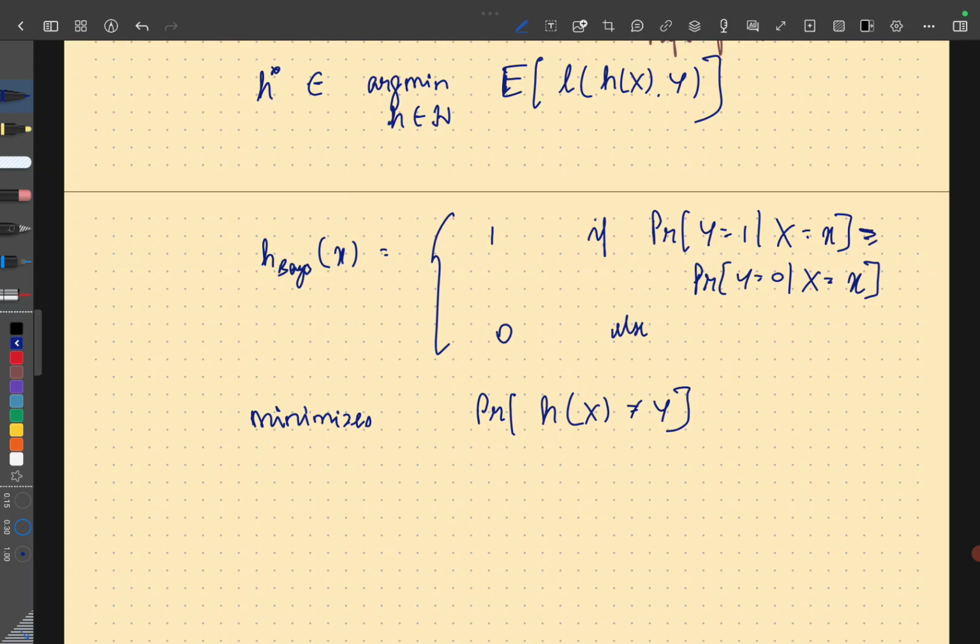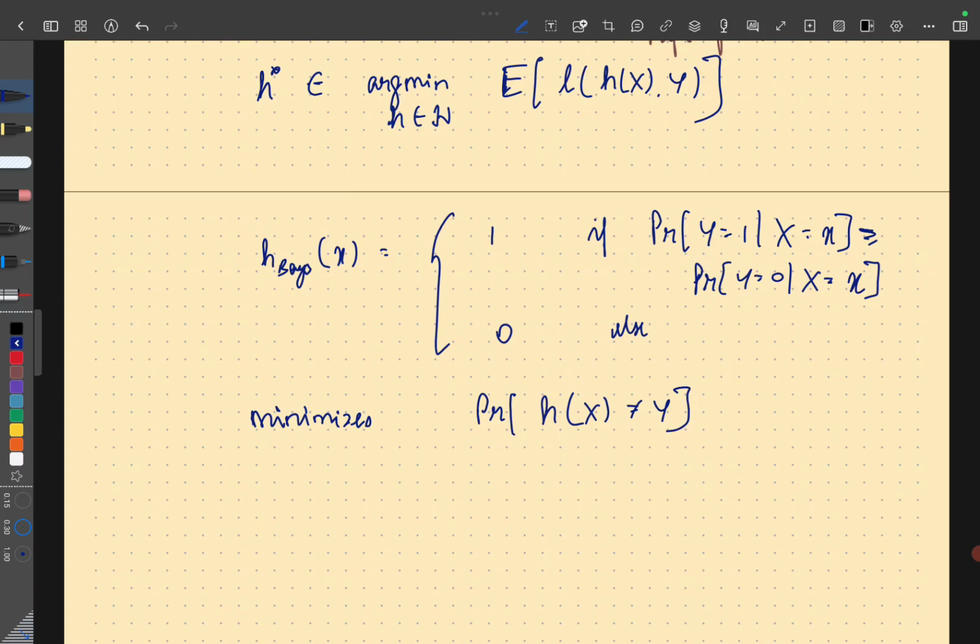That's what we want: minimize the risk. But then again, instead of the probability of error, you could have some other measure. Let's say cross entropy loss. Your goal is to minimize the cross entropy loss itself. Or let's say squared error loss.